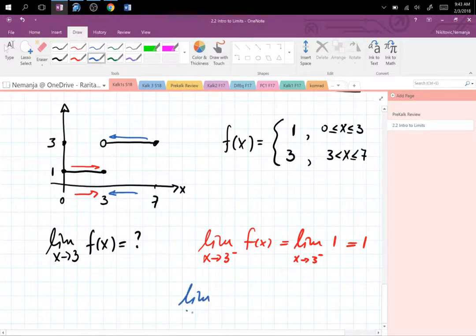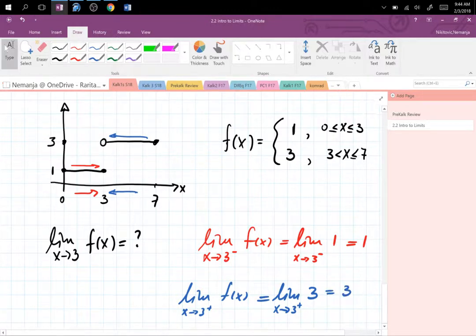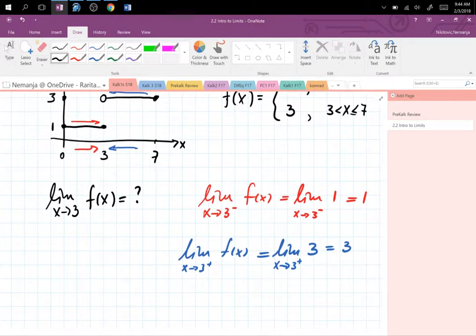That's going to be the limit as x approaches 3 plus of f of x. Now the plus side, well, that's this one. So that's the limit as x approaches 3 of the function 3, which gives me 3. And this is where the theorem kicks in.